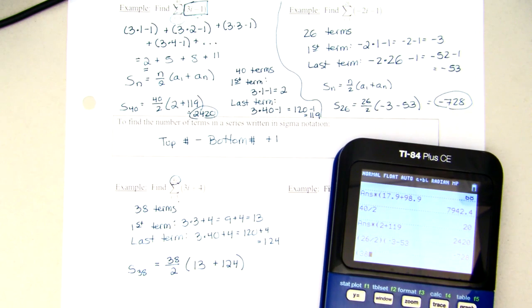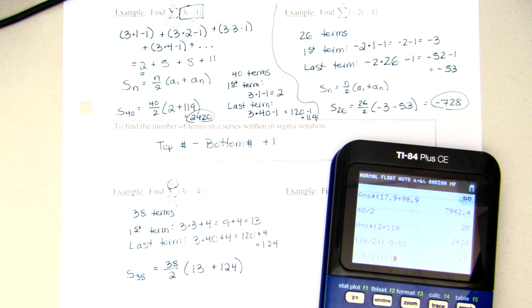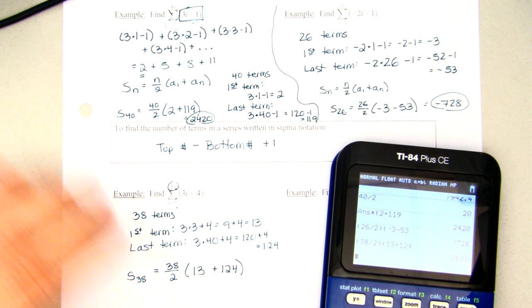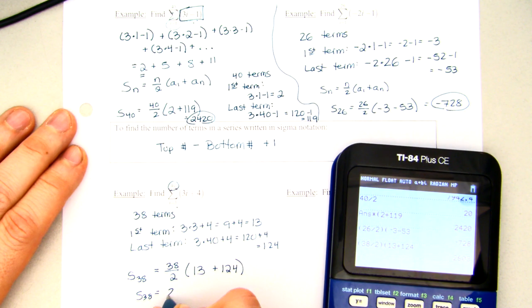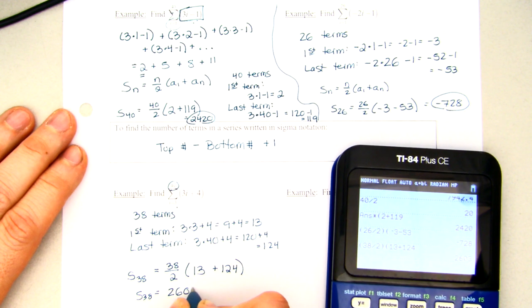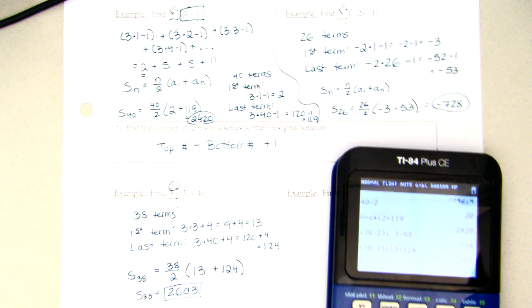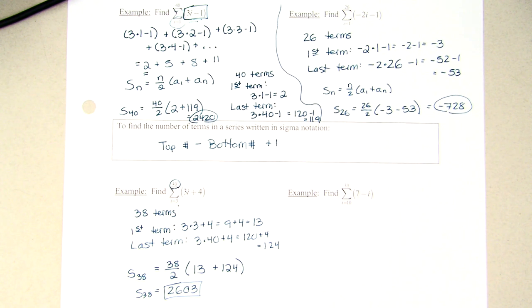Let's see, 38 over 2 times 13 plus 124. This gives me 2,603. The sum of those 38 terms in that sigma notation, 2,603.